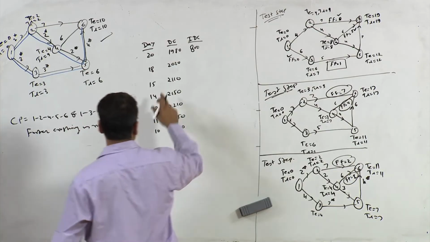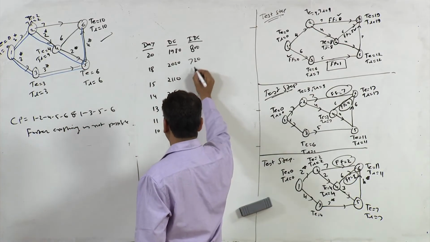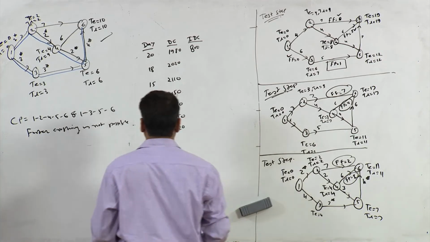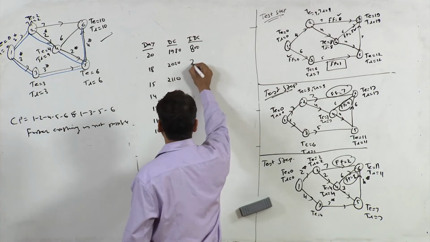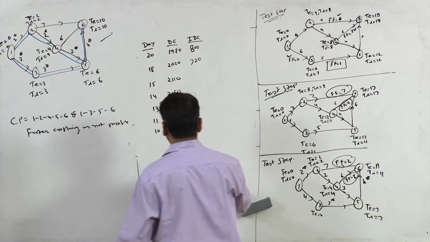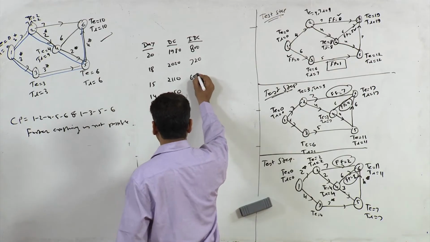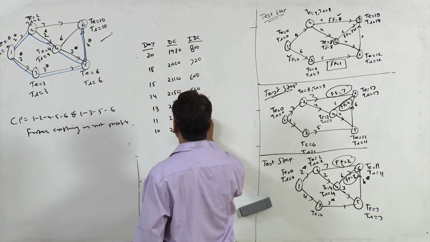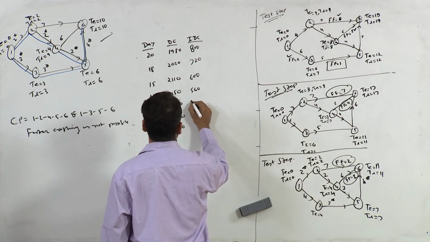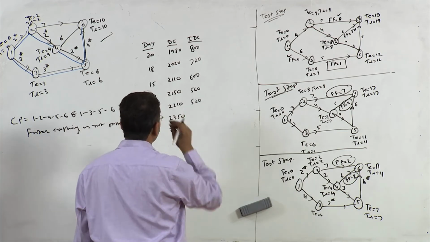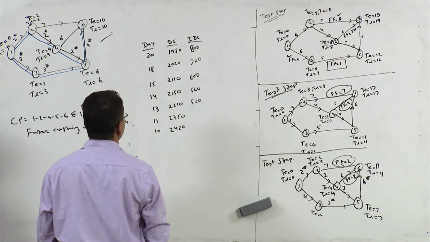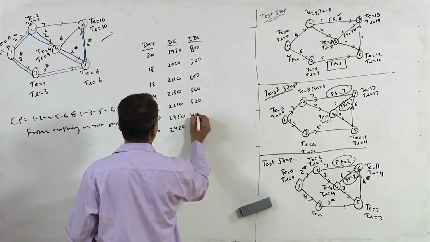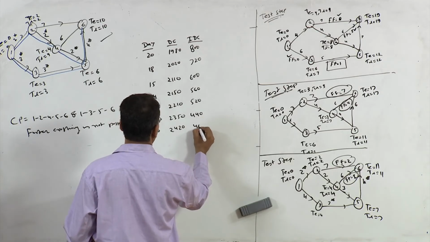Indirect costs are 720, 600, 560, 520, 440, 400.